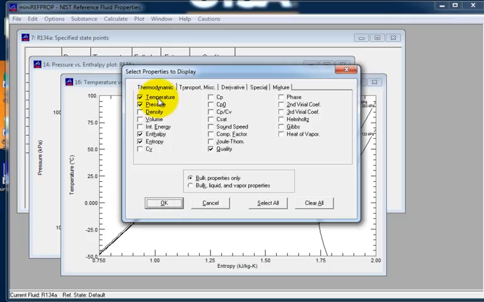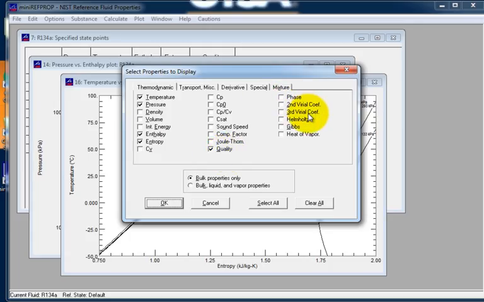Properties. Do you want the pressure, the temperature, the density, the specific volume, the internal energy, enthalpy, entropy, specific heat at constant volume, specific heat at constant pressure, the low pressure specific heats, the ratio of specific heats. I don't even know what this is. I have to look at it some more. Speed of sound, compressibility factor, the Joule-Thomson coefficient, the quality. I've checked the quality in a few of these.